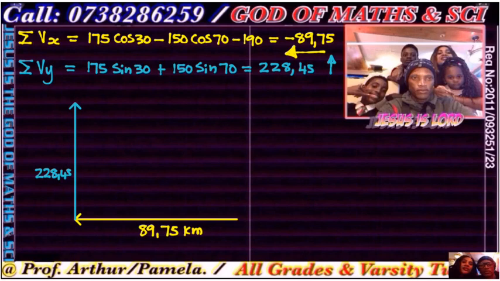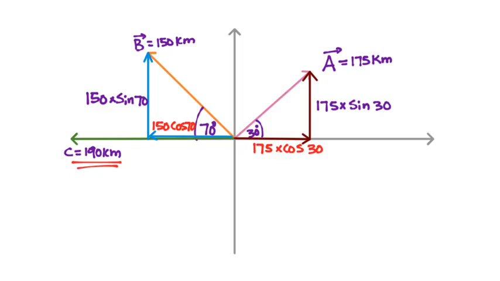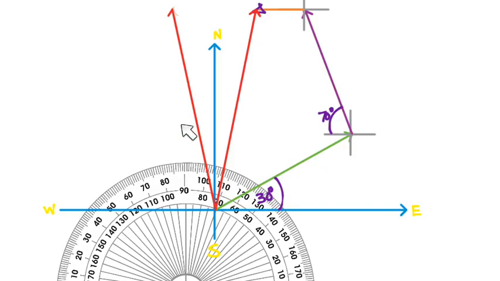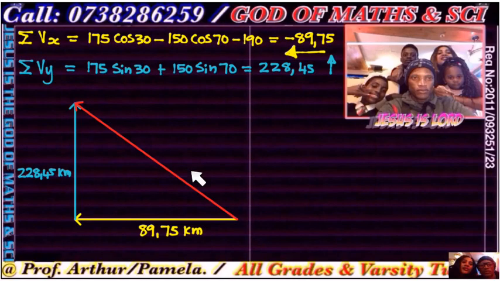Okay, let me just bring it over here. So this is kilometers. And then our resultant, like how we thought. You see, it's pointing to that side. So which means the first prediction was right. The diagram is fine, like this. This one was longer because you see, it's falling towards the left, like this one. Can you see?